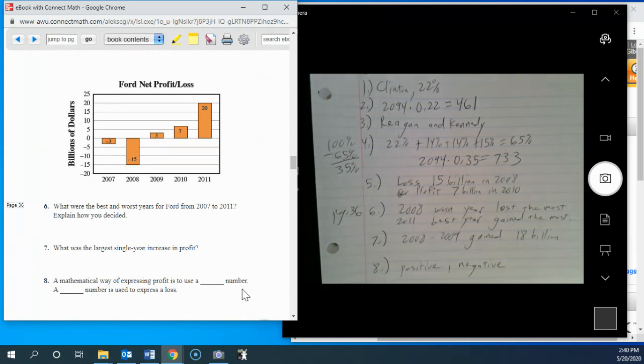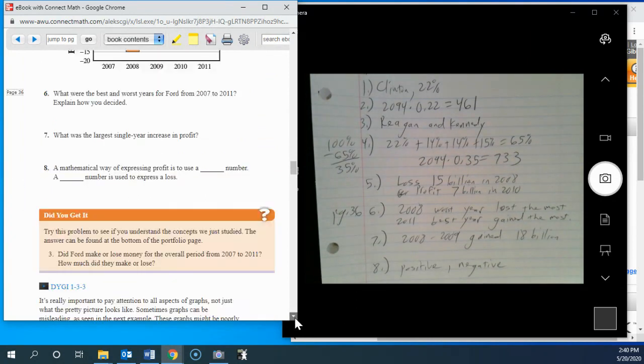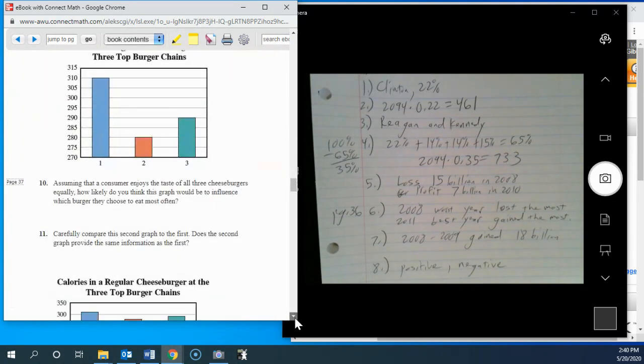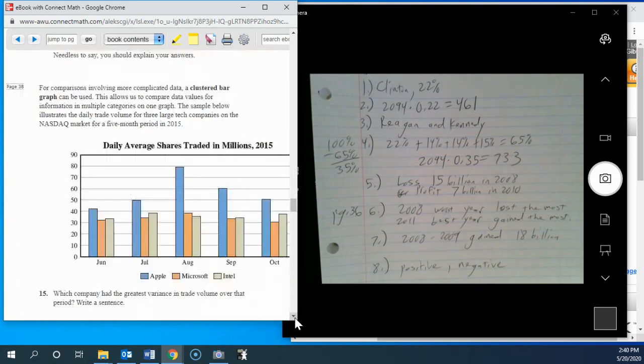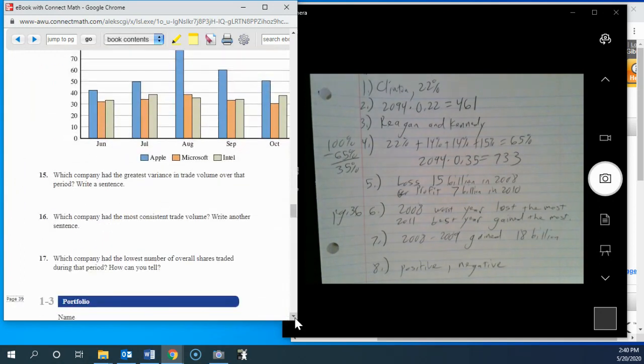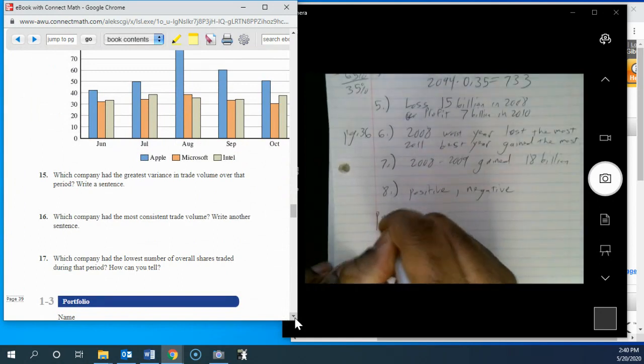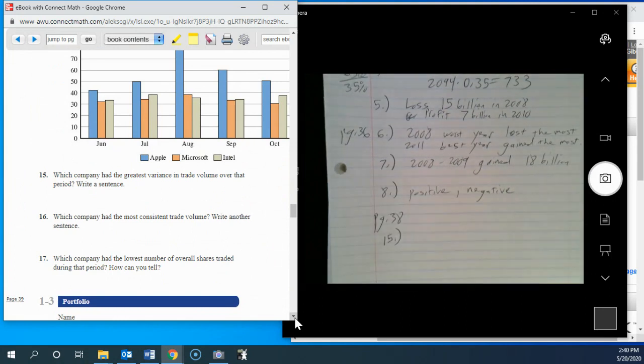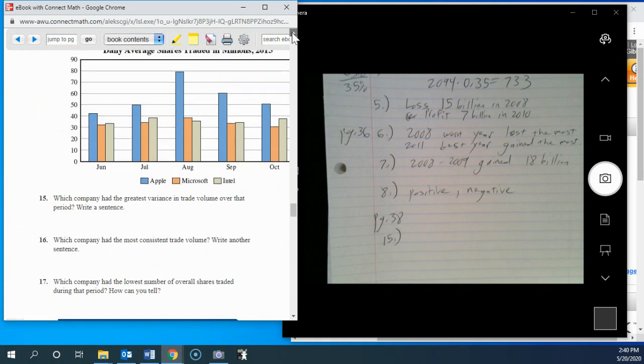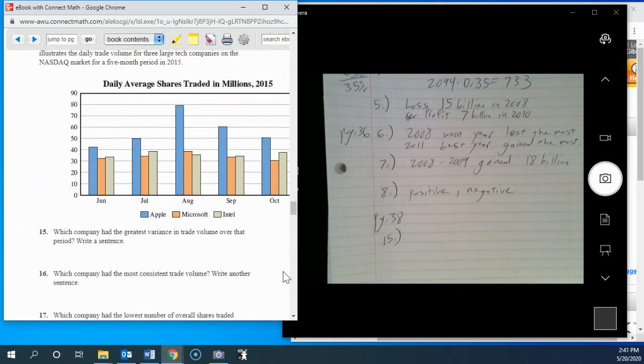Okay. Then we have one more. If you go to page 38. Okay, on page 38, problem number 15, it says, which company had the greatest variance in trade volume over that period? It says, write a sentence.